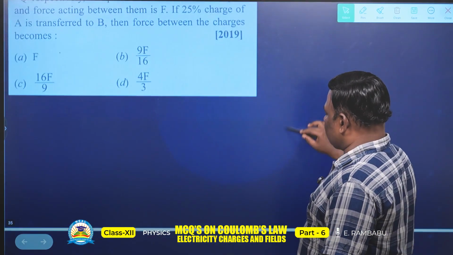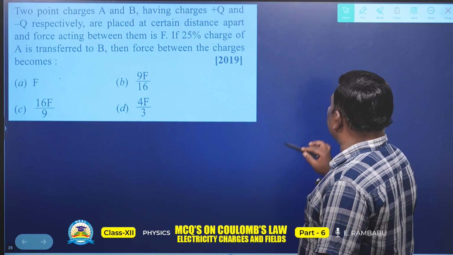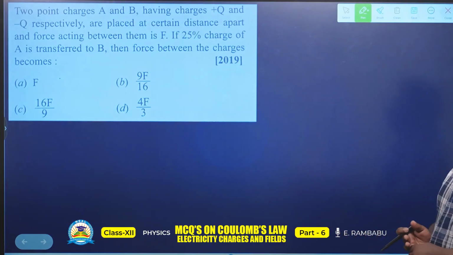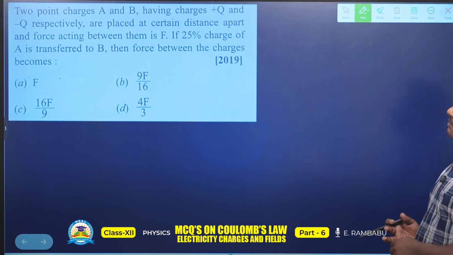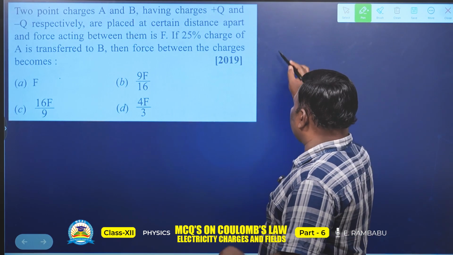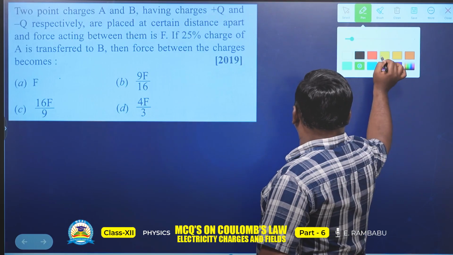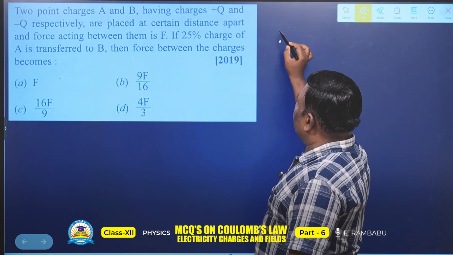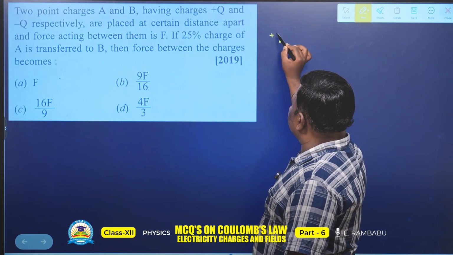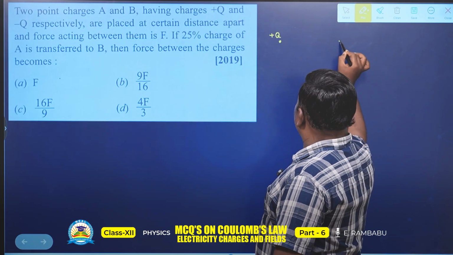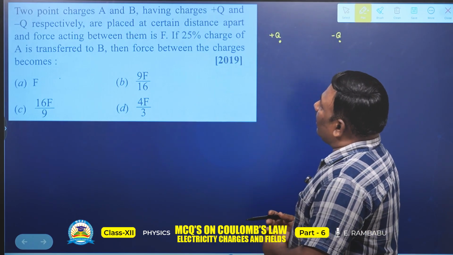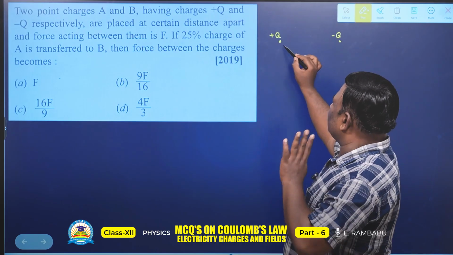So this is the previous question, the last question. Once see here. Two point charges A and B having charges plus Q and minus Q. So understand the concept related to this. Here two point charges are given. It is plus Q and another point charge is given as minus Q. They are placed at a certain distance apart, some distance.